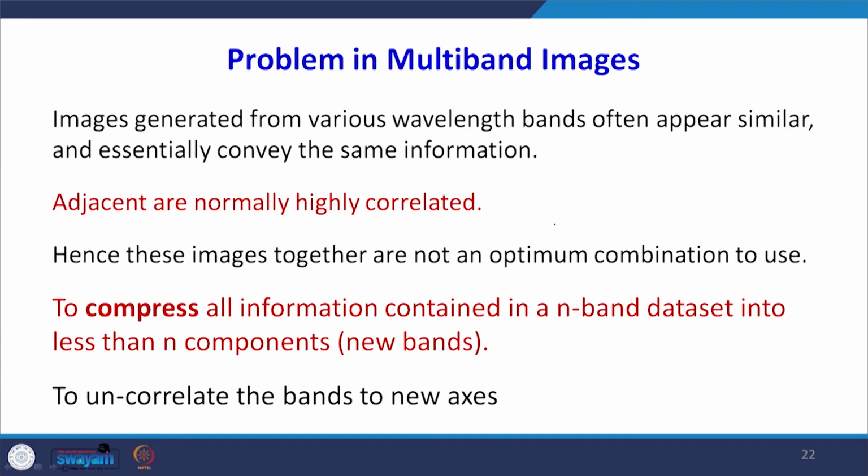So I have to neglect some of these highly correlated bands, and take bands in my analysis which are uncorrelated. So we have to do a decorrelation activity. We have to create a new axis and distribute the data sets onto the new axis where they become uncorrelated, and that is how we use PCA, Tasseled Cap and other indices, because multi-band images sometimes convey the same information.